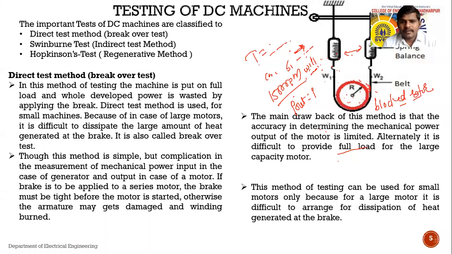Okay. So this is the direct method of testing. That means, suppose the DC motor is there, we are directly putting a mechanical load, or applying force to the output of the machine. Now see, the second test is the indirect method of testing.